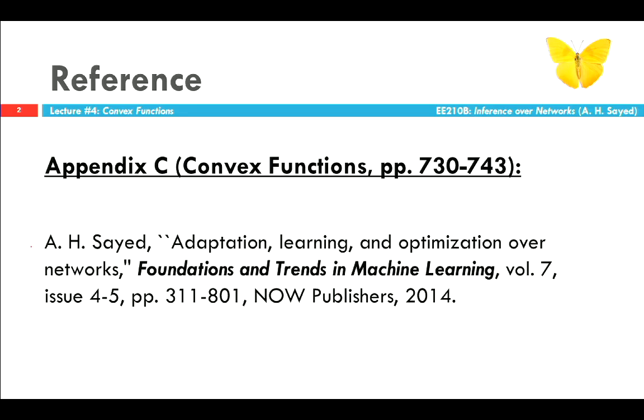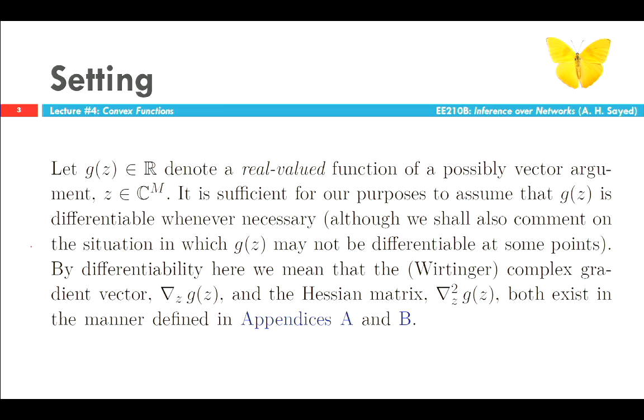So let's continue. This is the reference for this lecture. It's Appendix C from the text I mentioned to you last time, which you can access on my website. Again, the setting is the following. I have a function, and like I said, 90% of the time or more, our functions will be real valued because these are the cost functions.